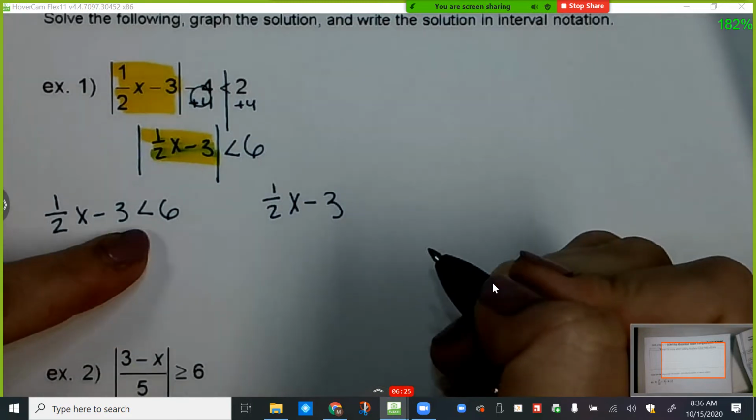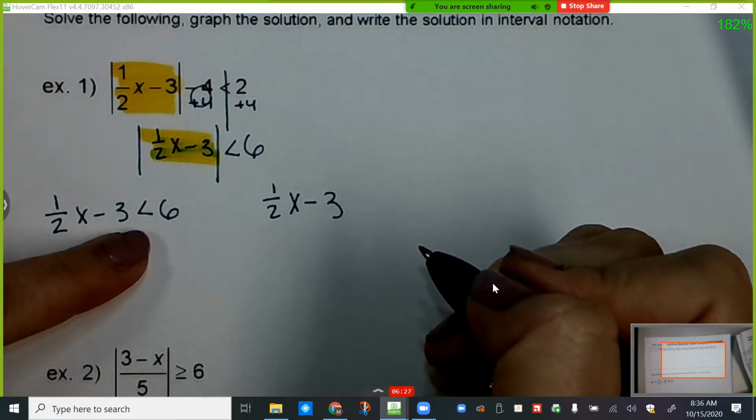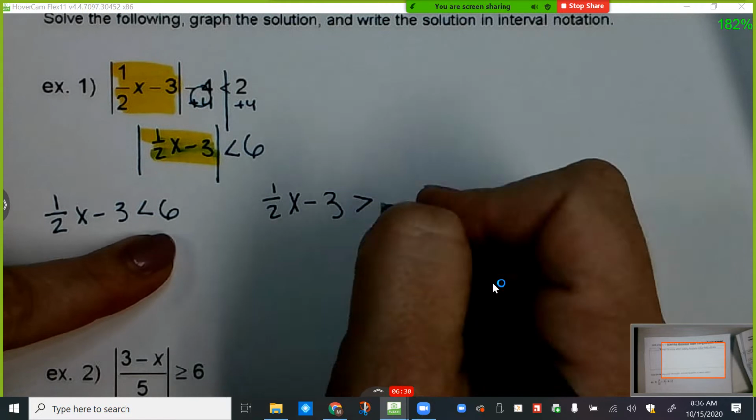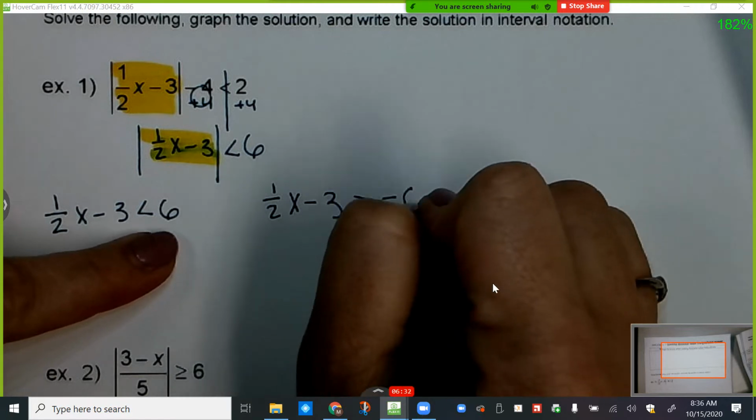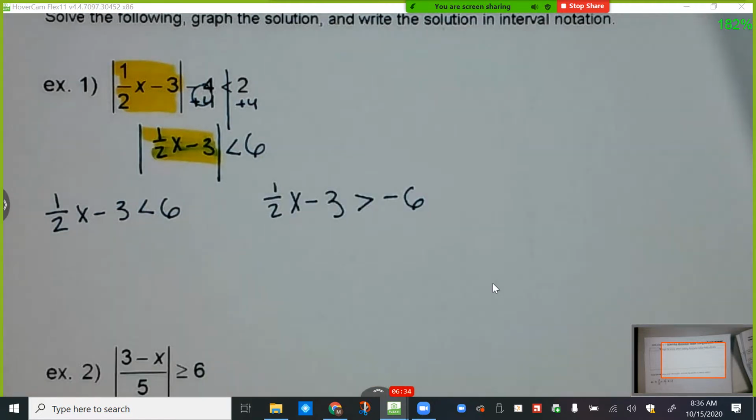What's the opposite of less than? Greater than, and then negative after. So this should become -6. The only other difference is if we multiply or divide by a negative, we flip the symbol. Other than that, we're solving exactly like yesterday.